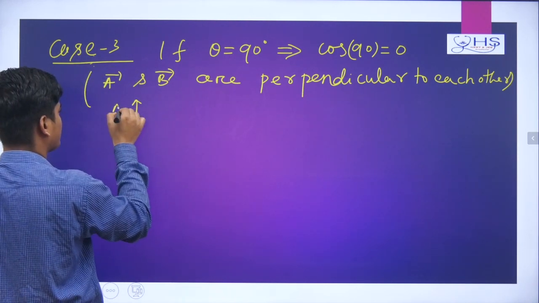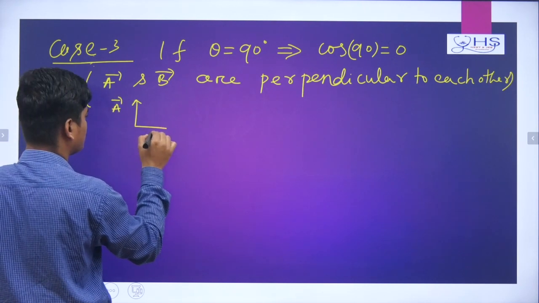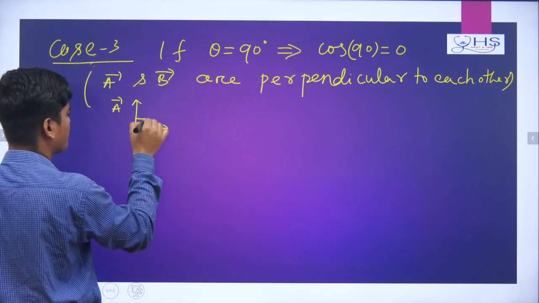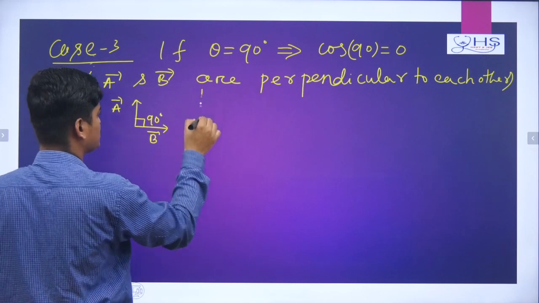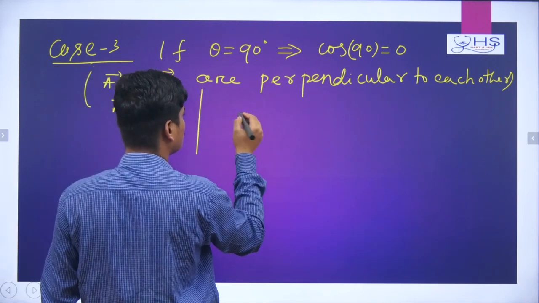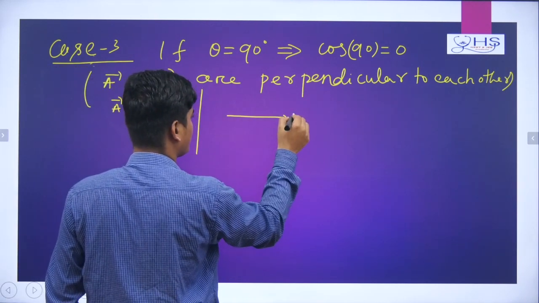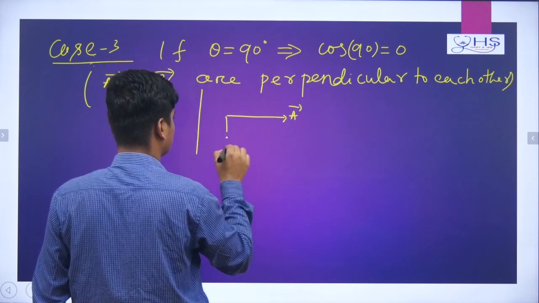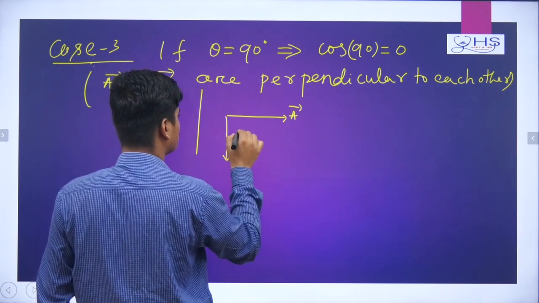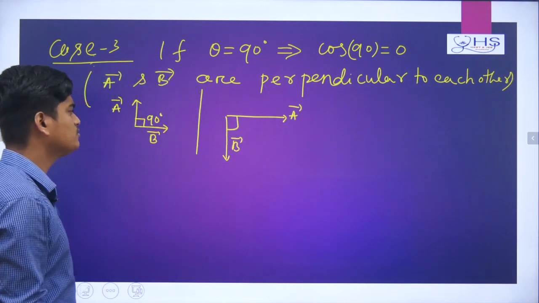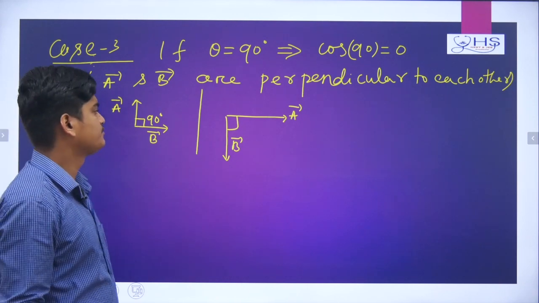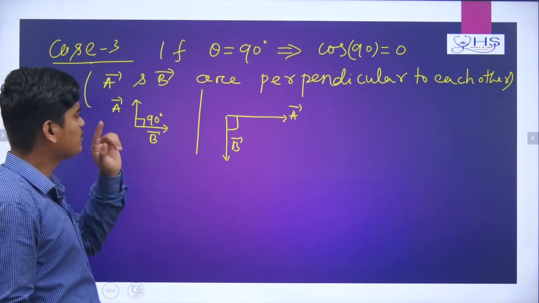So this is your A vector, this is your B vector, and A vector and B vector are perpendicular, or 90 degrees. Similarly, you can write it this way also. Suppose this is your A vector and this is your B vector. Here also A vector and B vector are perpendicular. But remember, in this case the resultant will be different.